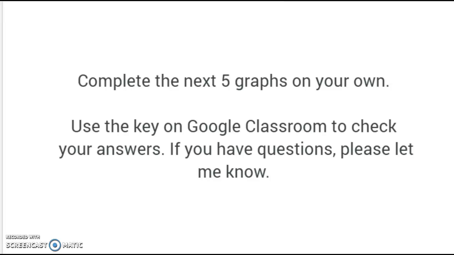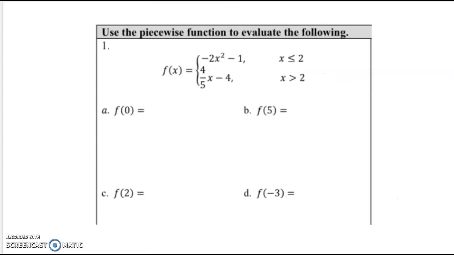The next page in your packet has just some practice evaluating piecewise functions. So I just want to do 2 examples real quick. It is a 2-sided page. I'm doing an example from the front because the back matches what we've already done. So on the first one, I'm doing f of 0.